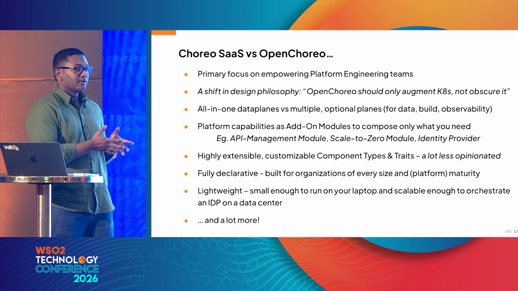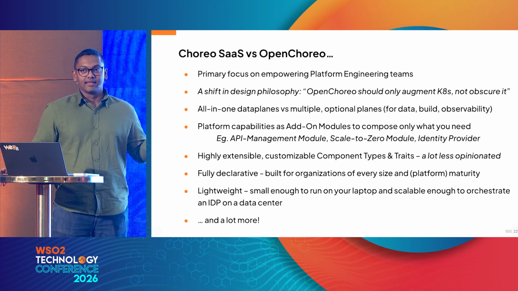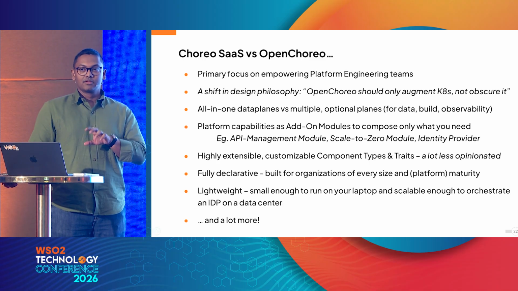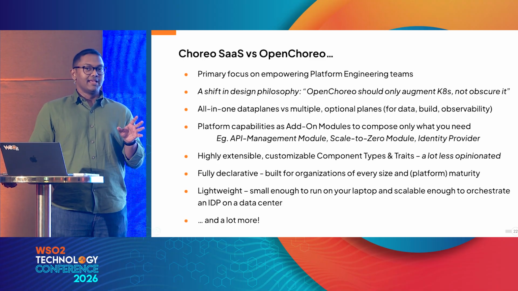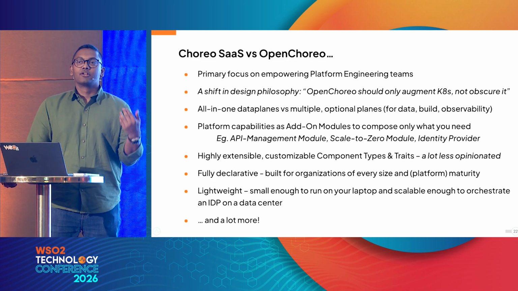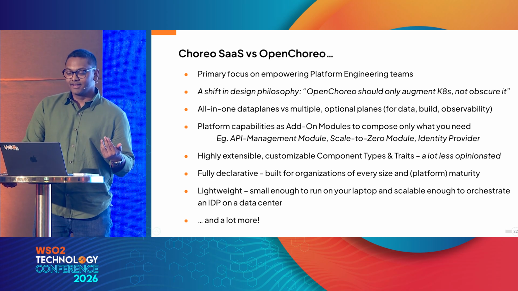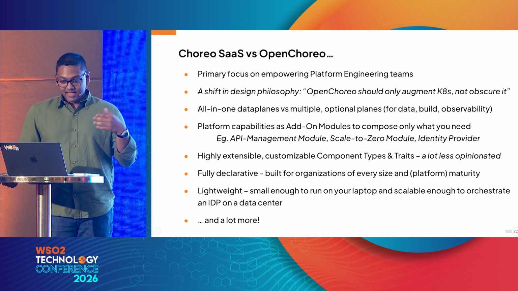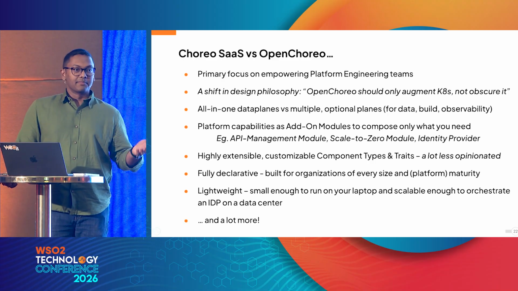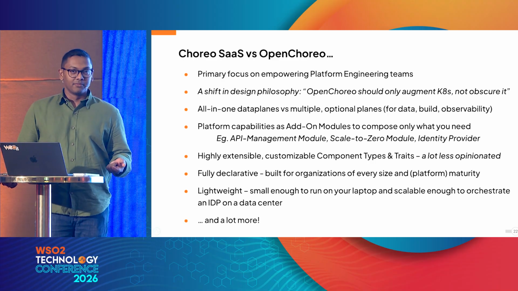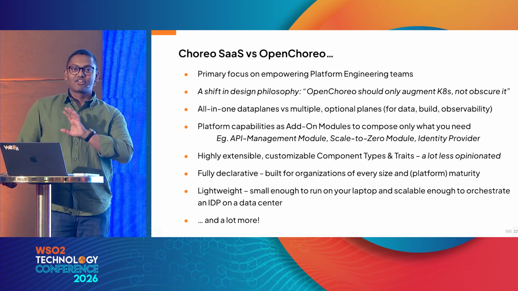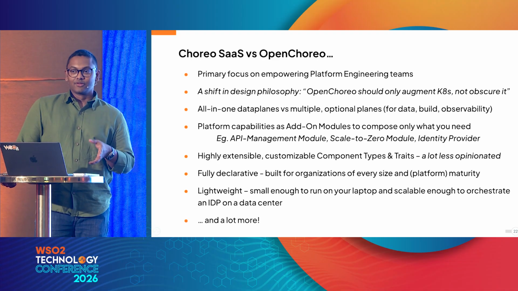So when you're using OpenChoreo, you don't lose anything that you can do with Kubernetes, right? So the whole idea is you don't obscure it, you build on top of it. We only augment it, right? And then in terms of footprint, just like the other products, like Thunder and the API platform, OpenChoreo's footprint is drastically lower than Choreo.